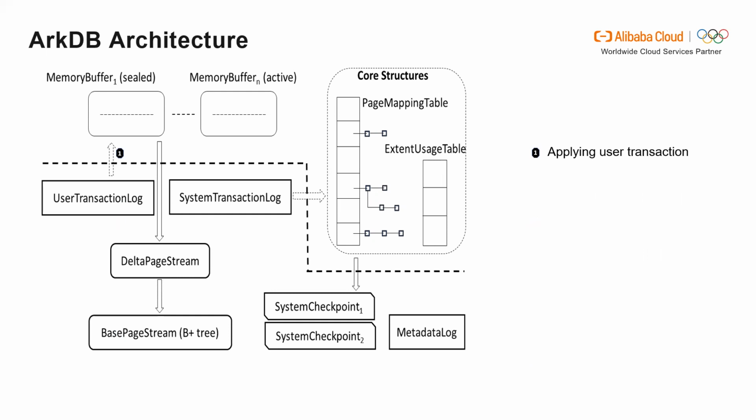When the memory buffer becomes full, it is flushed into data page stream. Flushing a memory buffer is called taking a user checkpoint. Upon page compaction, multiple data pages are merged into a base page. The base page is stored in base page stream.